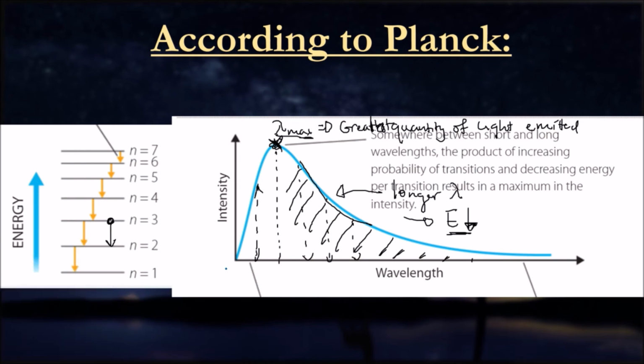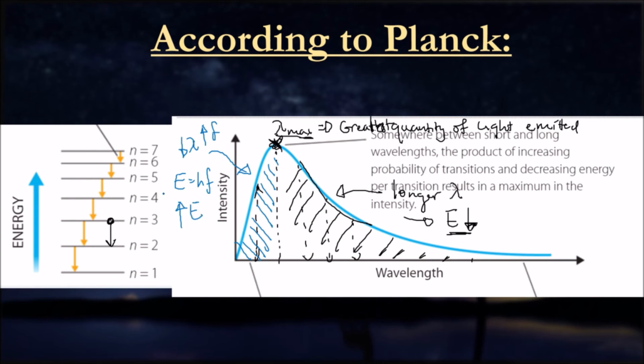Now, if we look at this part past our maximum here, these are low wavelength waves, which means a high frequency. So in that case, according to E equals hf, we have really energetic light being formed.